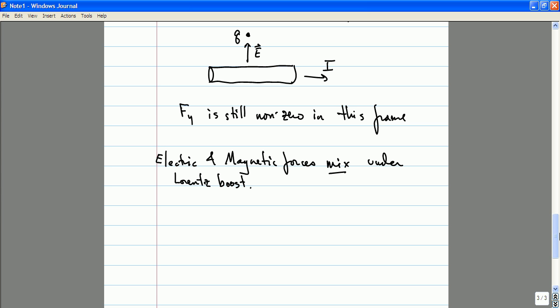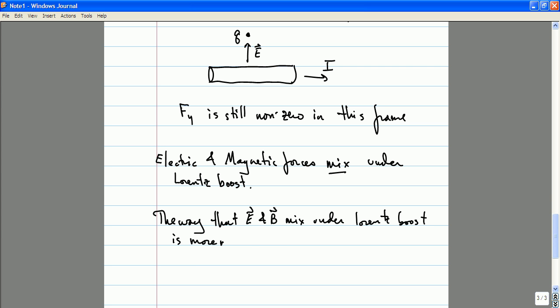One of the interesting features of electricity and magnetism, in fact, which is different from the transformations that we have seen earlier in this class, is that the way that E and B mix under a Lorentz boost is more complicated than the rules that we have seen earlier, for example, describing the way that T and X mix under a Lorentz transformation.